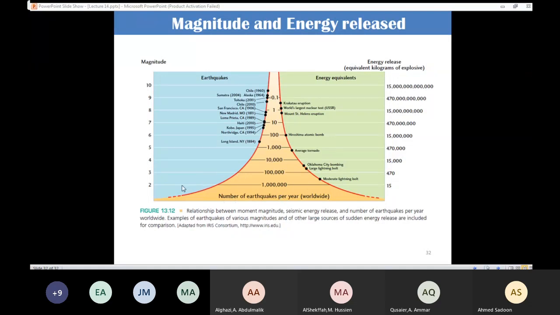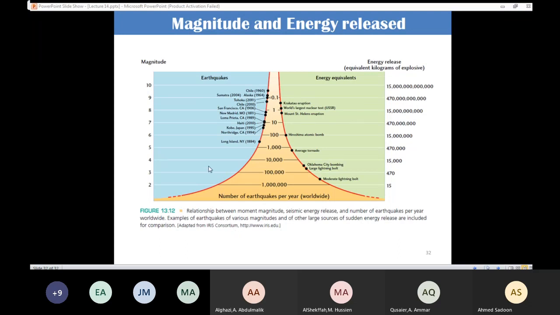So for example, if the scale on the Richter scale is equal to 3, that means through this year, we have witnessed about 100,000 earthquakes. And here we can see the energy release. Energy release here equals 470 kilograms of explosive.